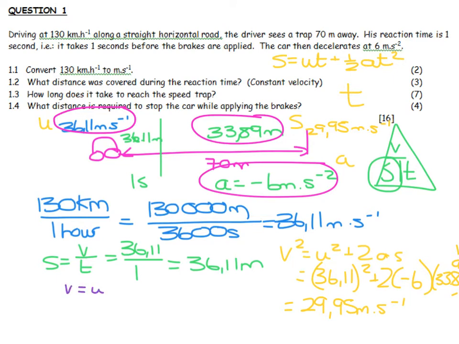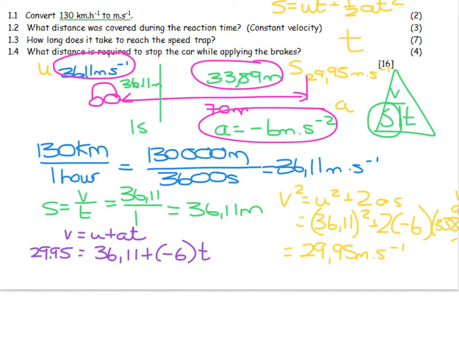v is equal to u plus at, and I'm going to say I know my final velocity is 29,95. I know my initial velocity was 36,11. I know that I slowed down at 6 meters per second squared. What is my time? And my time turns out to be equal to 1,03 seconds.